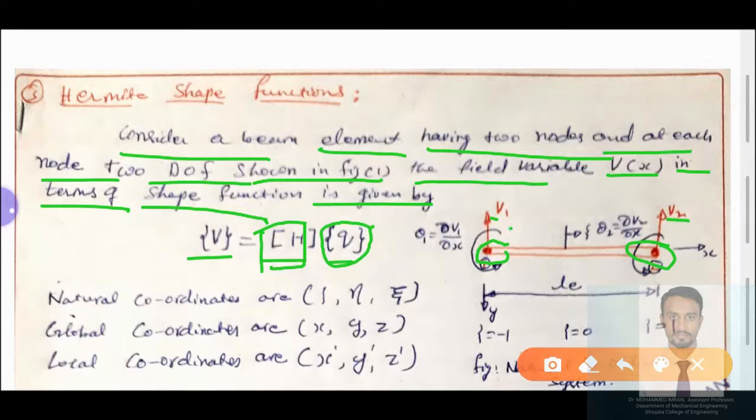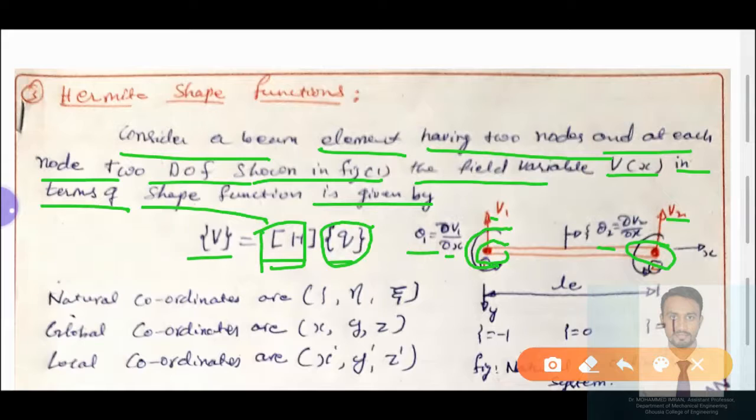And the rotation at node number 1 is theta 1, which is the slope due to rotation, dou v1 by dou x at node number 1. Similarly, at node number 2, we get a slope on the beam with respect to the axis, dou v2 divided by dou x, represented as theta 2.